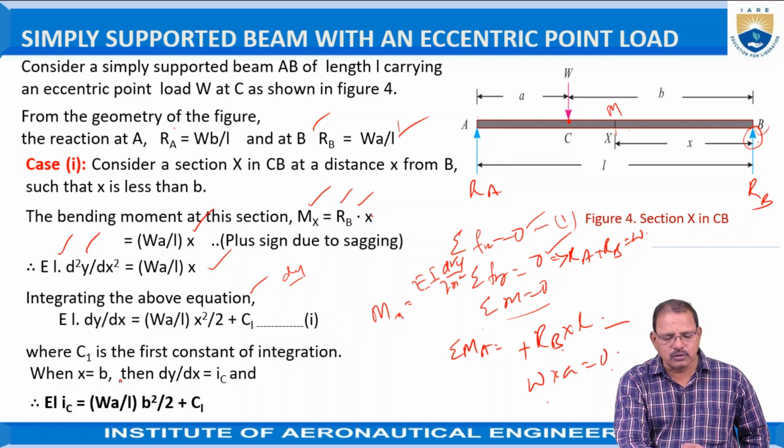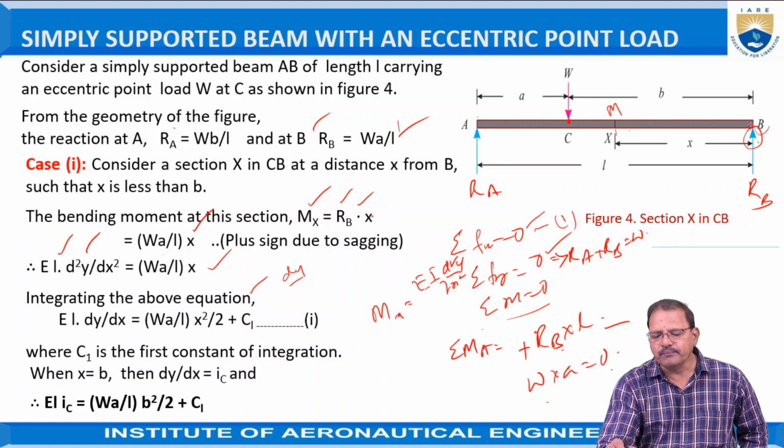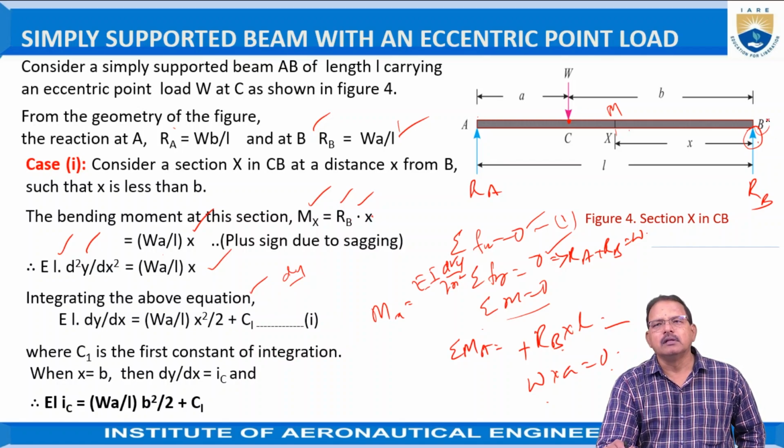which is equal to here now, when X is equal to B, we can take it as where C1 is representing the first constant of integration. When X is equal to B, that means it is equal to the point C where the load is acting.